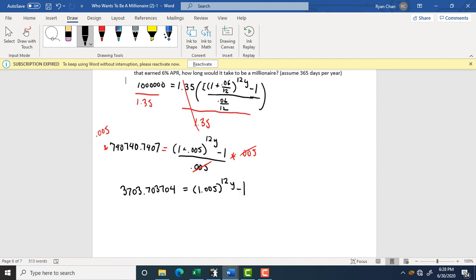Now what are we going to do? We want to add 1 to both sides.